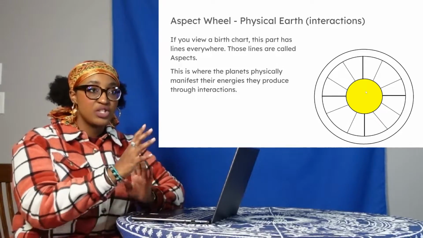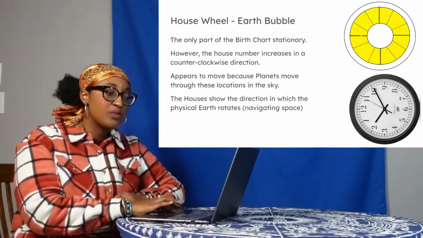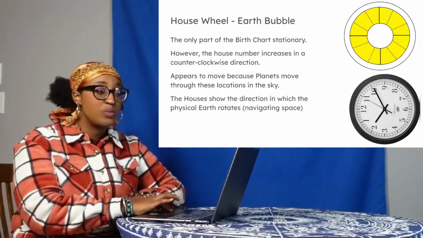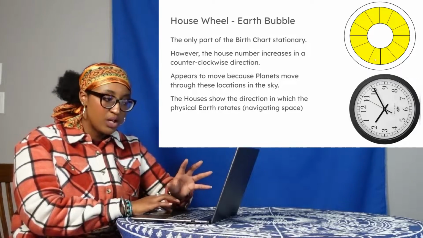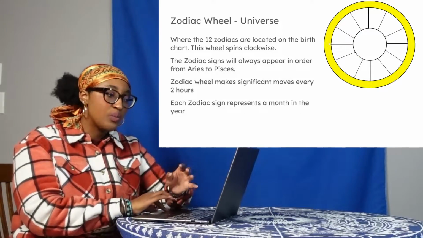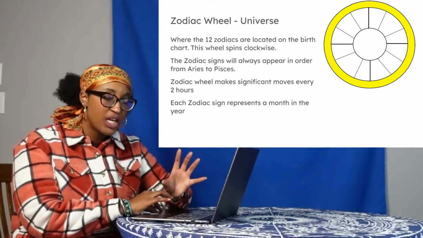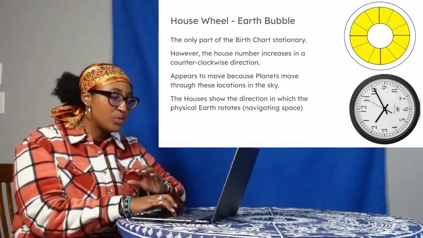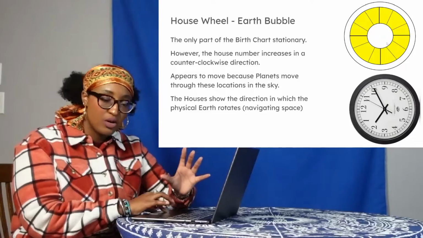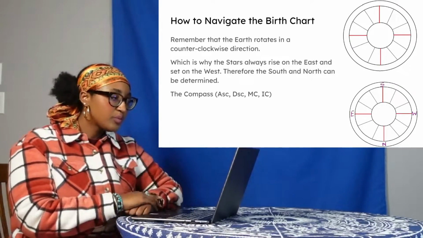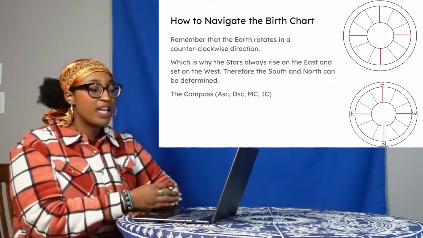However, it appears stationary, but that's why, if you look right here, the houses are moving in that direction, because it's symbolizing how this Earth right here is rotating, and this is why the zodiacs appear to change as the Earth rotates, and this is why the planets also appear to move as the Earth rotates. And this is how we're going to learn to navigate the chart.